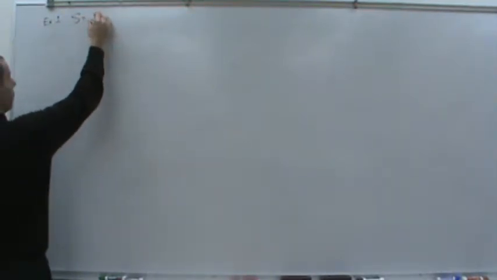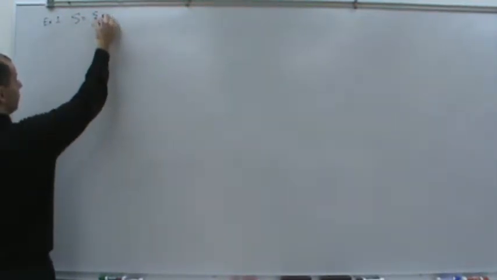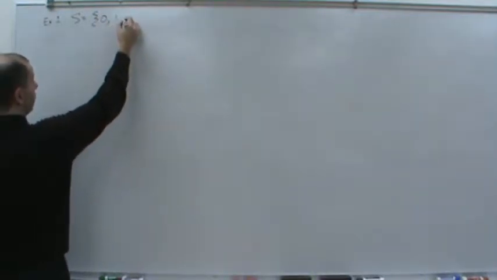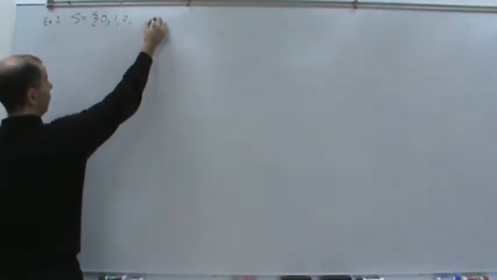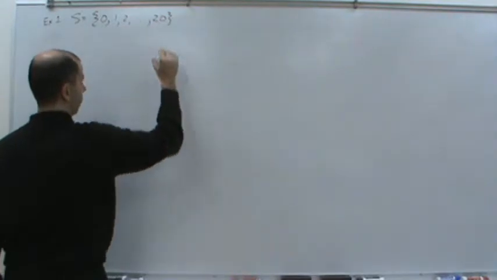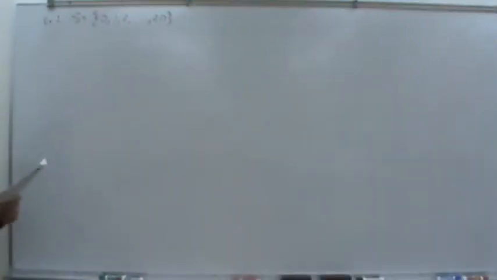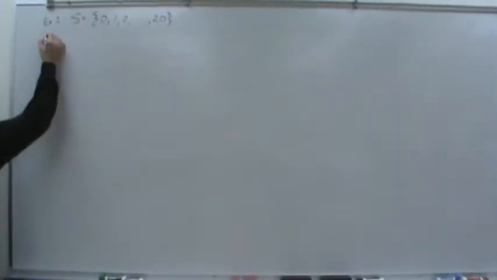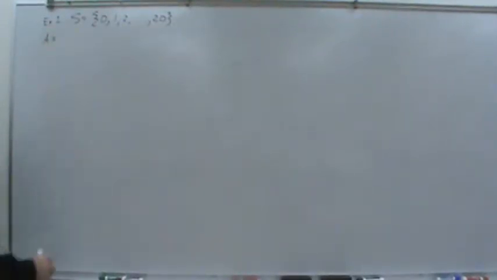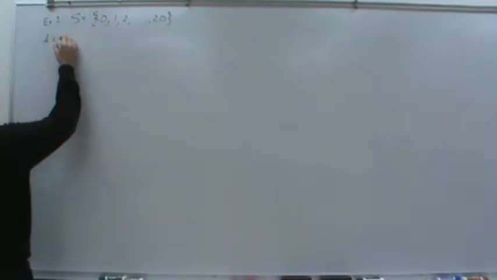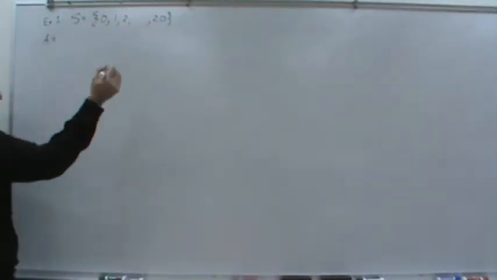So example 1, we're going to have S is all of the whole numbers, 0, 1, 2, all the way up to 20. That's the sample space. And we're going to define A as the even numbers, so the event of drawing an even number.